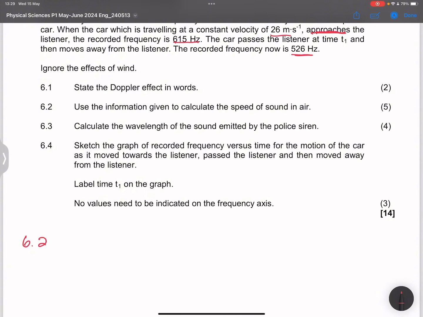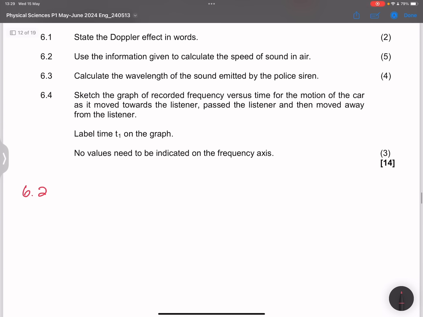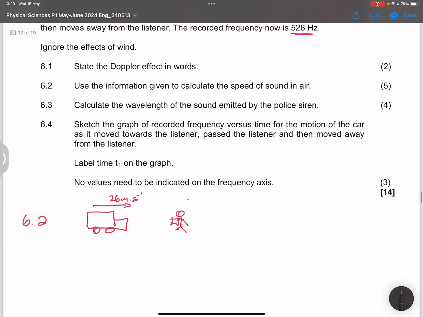So now, first of all, let's take the scenario where the car was moving towards the stationary listener, right? So here it is, and the car is moving at 26 meters per second. Now, the detected frequency in this case was 615.